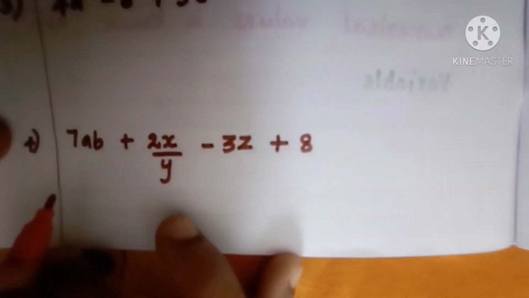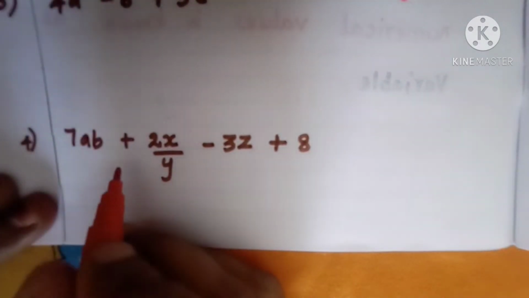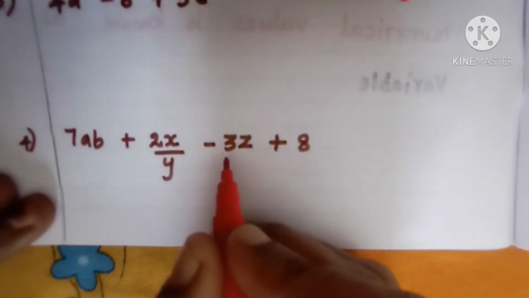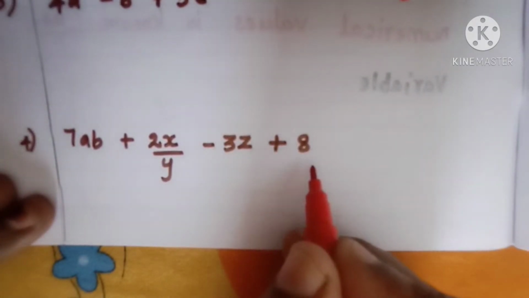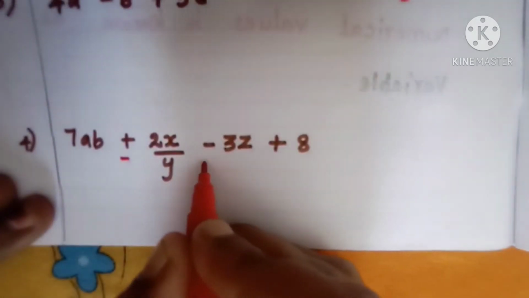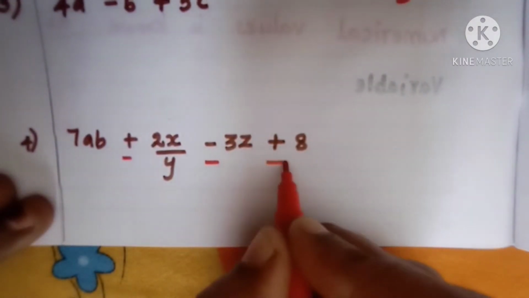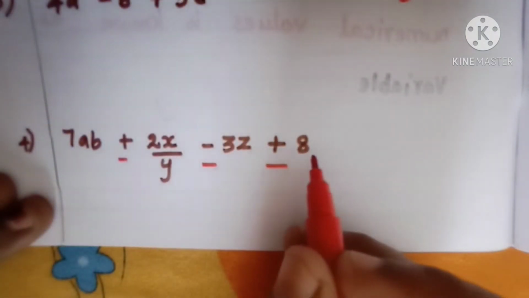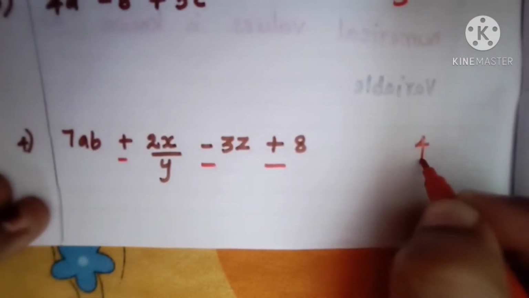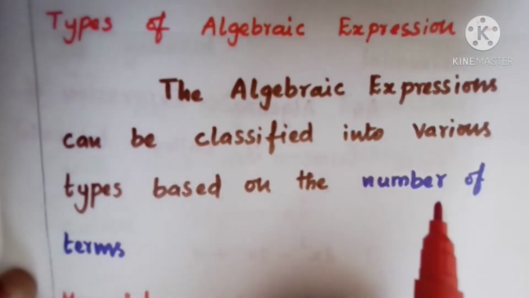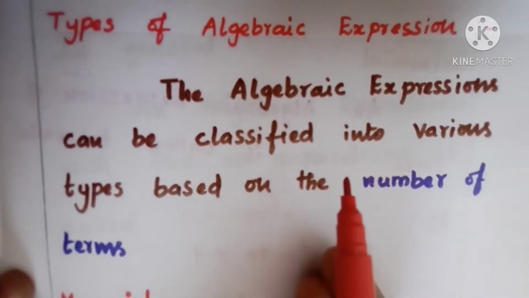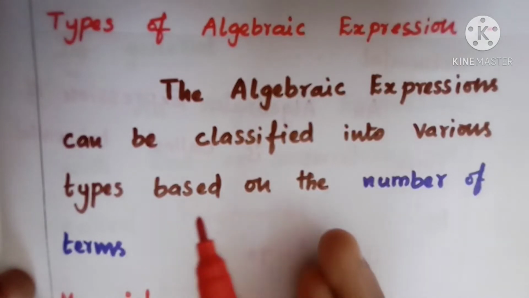And fourth sum 7ab plus 2x by y minus 3z plus 8. They are separated by plus, minus and plus. So totally it has 1, 2, 3, 4 terms. Based on the number of terms, the algebraic expressions are classified into various types.